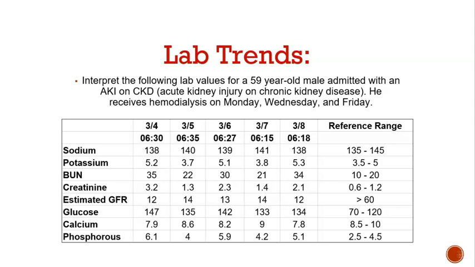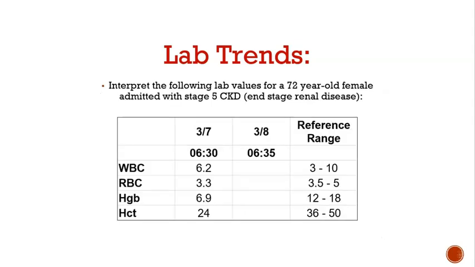And then if they don't go to dialysis, when we draw blood work the next morning, their labs typically get a little bit worse. When we look at these labs, we can see that this patient has a low red blood cell level, a low hemoglobin level, and a low hematocrit level. So we are thinking that this patient may be anemic and may be blood.